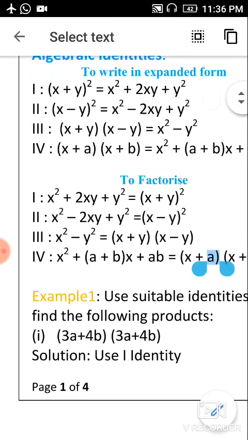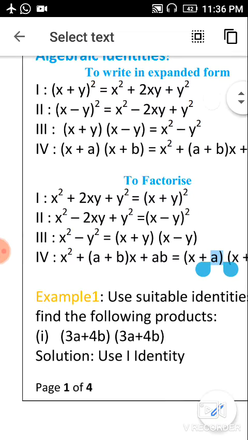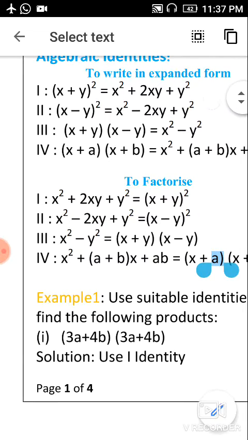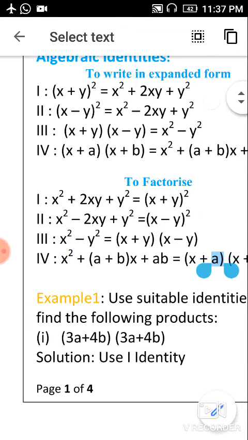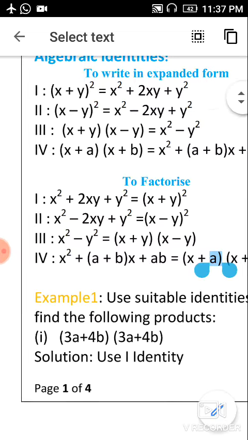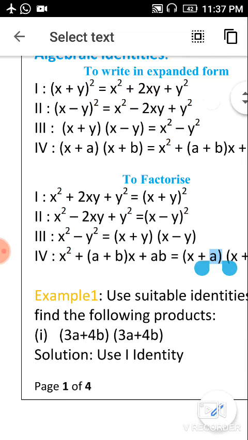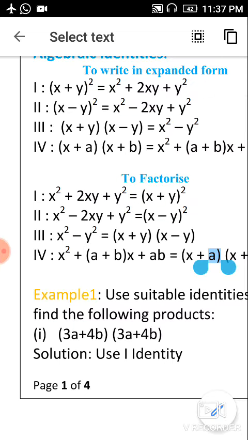See, there are four identities. The first three identities have three terms, and only the third identity has two terms, where a minus sign is there and both terms are squares. So easily we can identify it this way. In the first and second, you will see the first term and last term are whole squares, and the middle term is positive or negative.